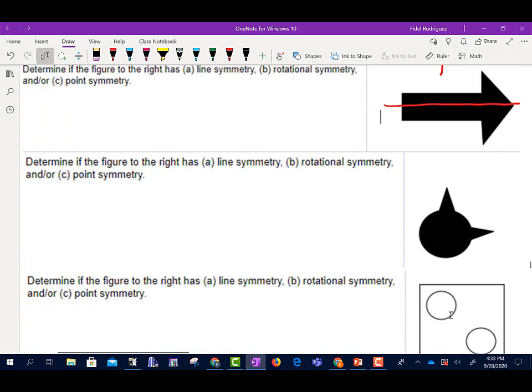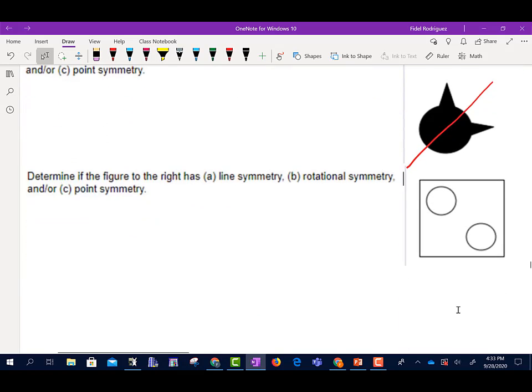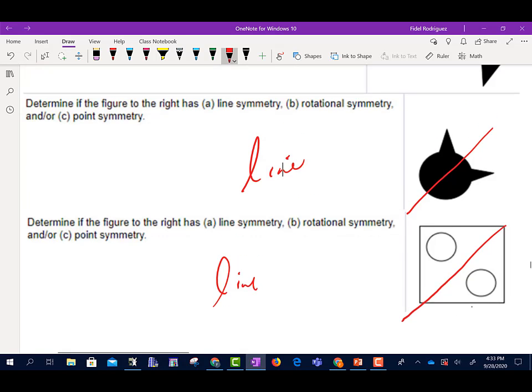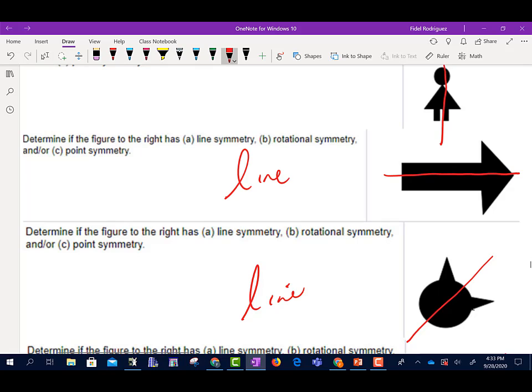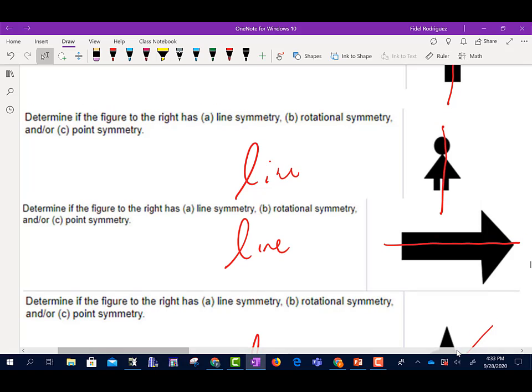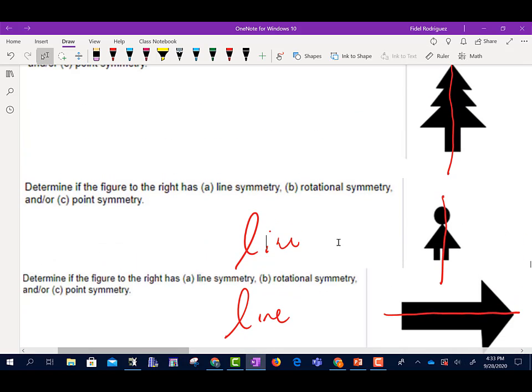This one here, I would definitely say we're going to have line symmetry right there. And this one here would also have line symmetry right here. Okay. So it looks like all of these are going to have line symmetry. And oh yeah, we got one more up here. There we go. Line symmetry right there.